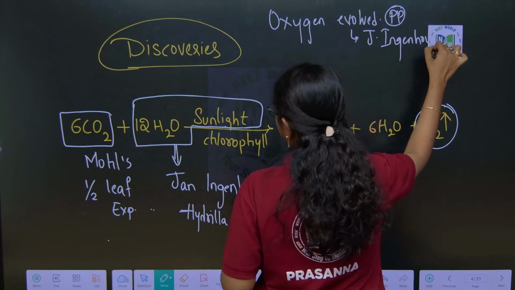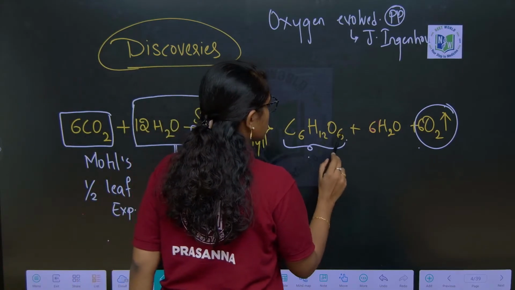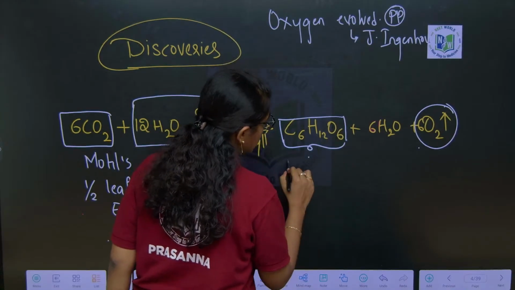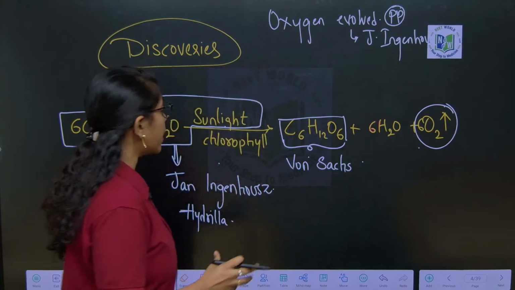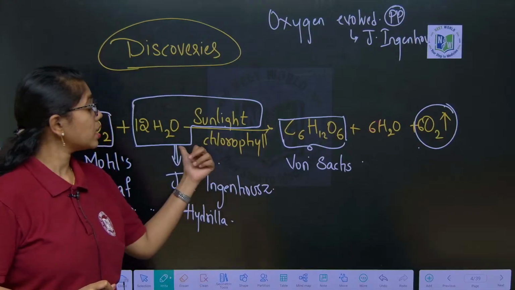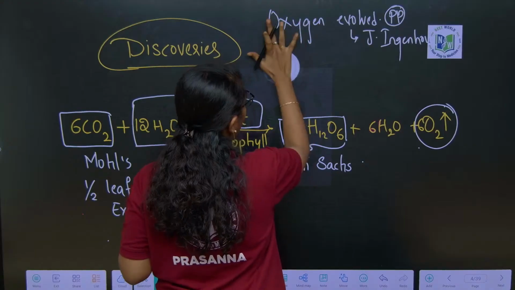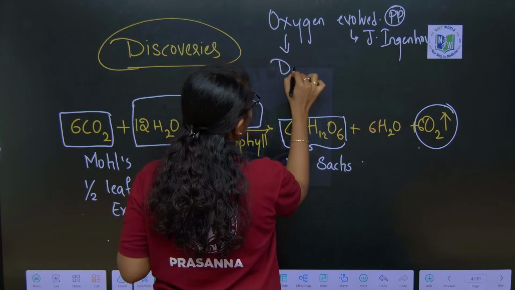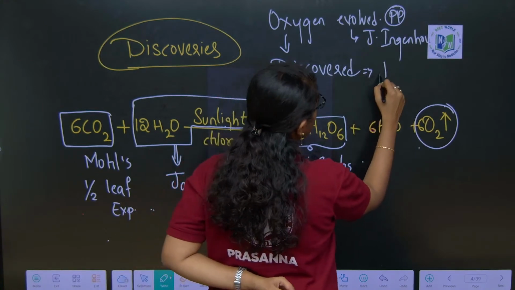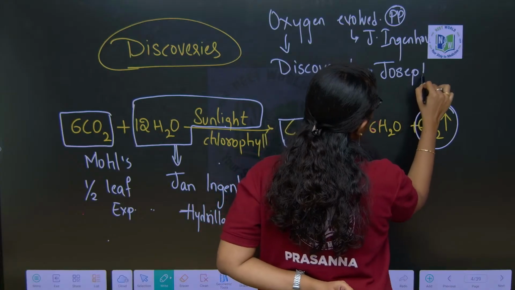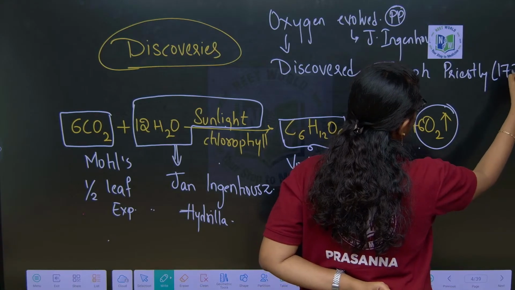And then, glucose is formed at the end of photosynthesis. Glucose is the product of photosynthesis, is said by von Sachs. So here, oxygen evolved from photosynthesis is said by Jan Ingenhousz, but oxygen was discovered by Joseph Priestley in the year 1774.